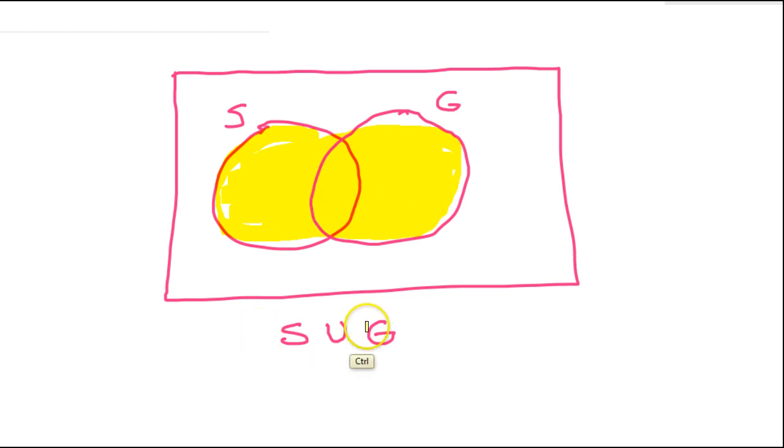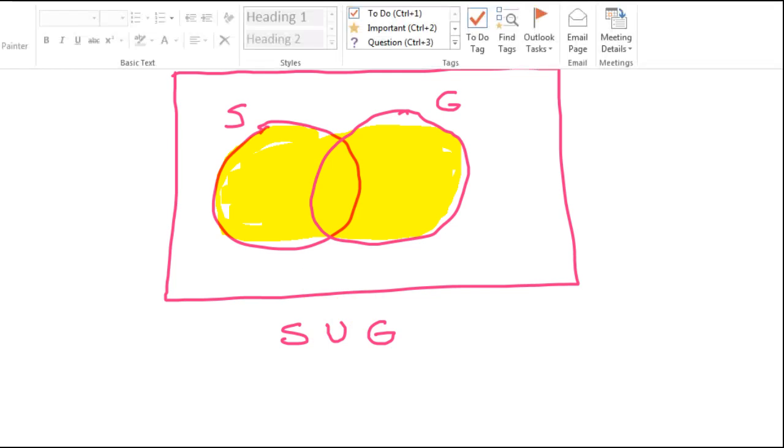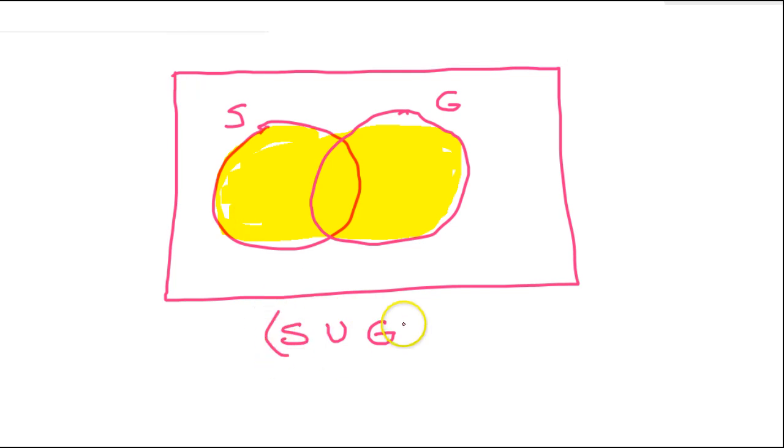That's sophomores or girls. Now, what if I modified this and said not sophomores or girls? Well, remember, we learned that not a set is everything except for this. So not sophomore or a girl would be everything outside of those two circles.